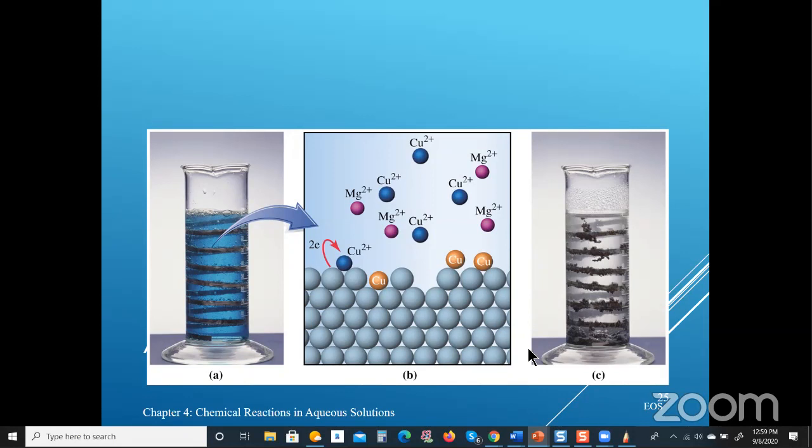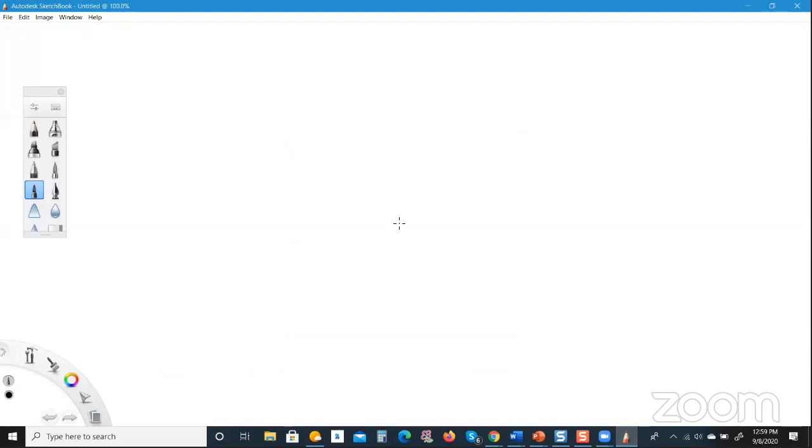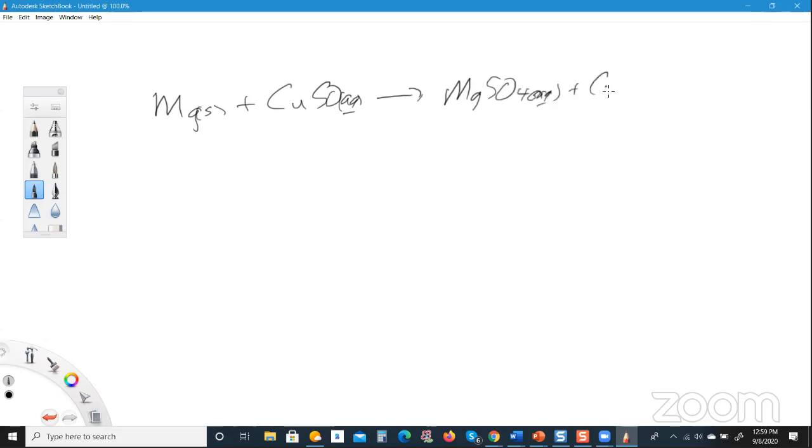Now, let me give you the equation for this reaction. You have magnesium, which is a solid, plus copper 2 sulfate, aqueous, to form magnesium sulfate, aqueous, plus copper solid. This is the molecular equation.